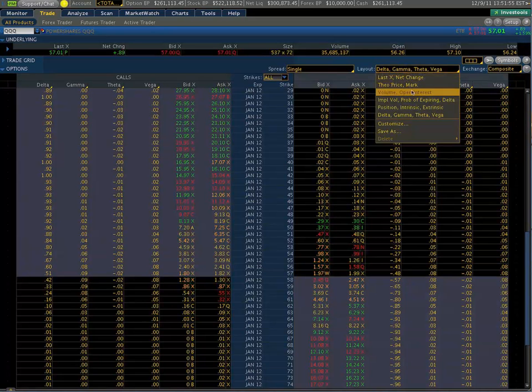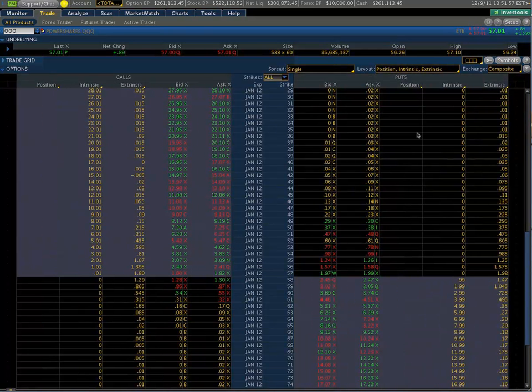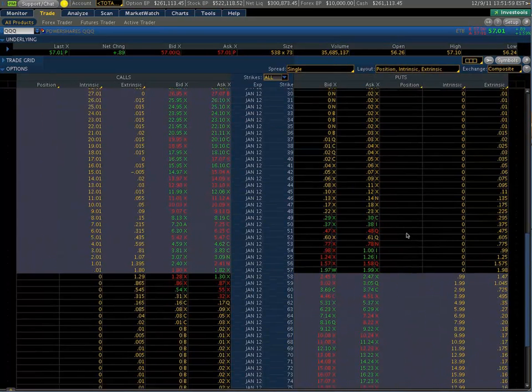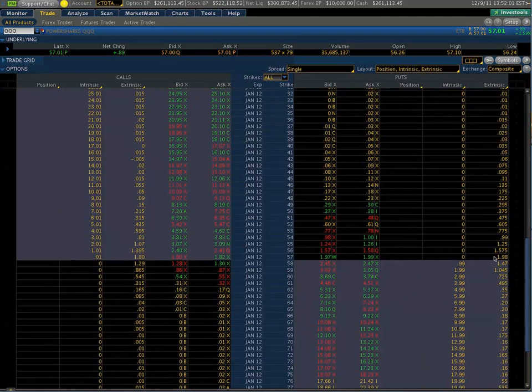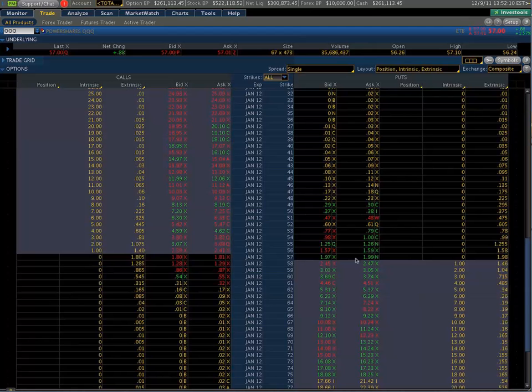So, for example, if we go back to our position intrinsic and extrinsic value, you can see that the extrinsic value of this 57 strike put is $1.98, which is the value of this option right now because it is out of the money. There is no intrinsic value in this option. The extrinsic value is totally comprised of its entire price.